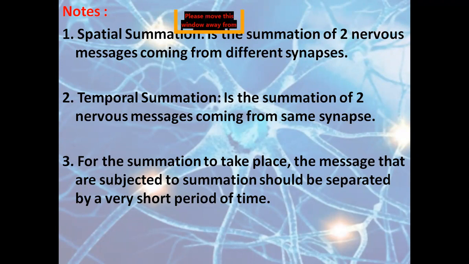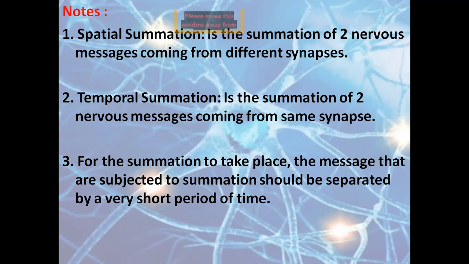For the summation to take place, the messages subjected to summation should be separated by a short period of time. They should not be at the same time. If they are at the same time, we can't summate them. So they should be separated by a short period of time in order to have the summation.